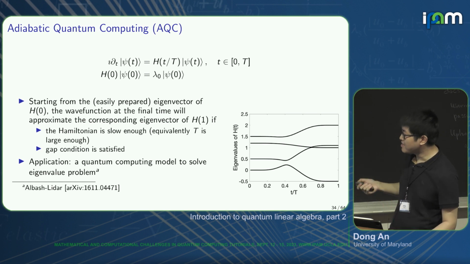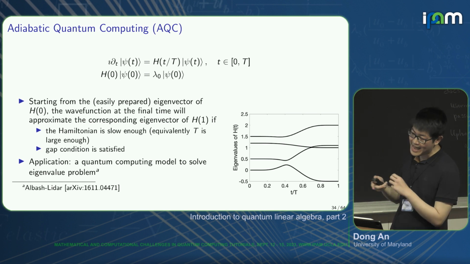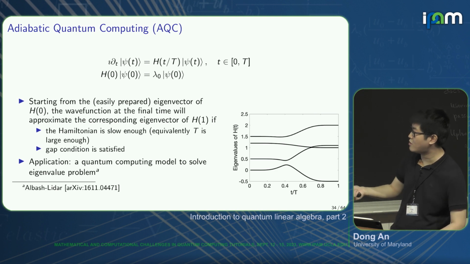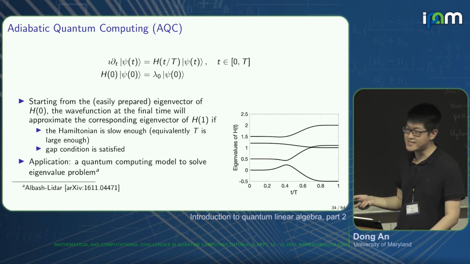The gap condition means that one of the eigenpaths of my Hamiltonian is separated from the rest of the spectrum. On the right, I draw a figure from a toy example of a 4-level system. The x-axis is the rescaled time, little t over capital T, and the y-axis is the eigenvalues of my Hamiltonian.